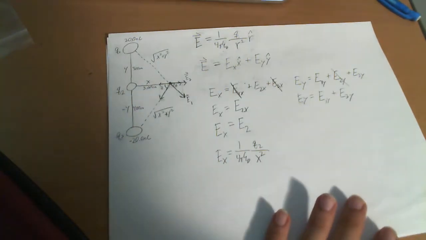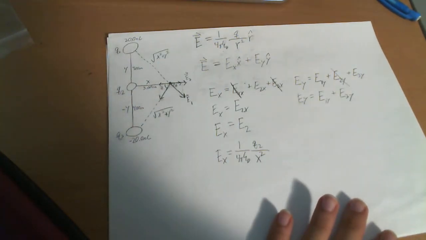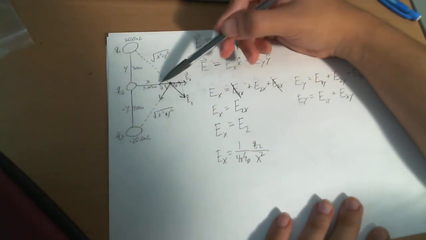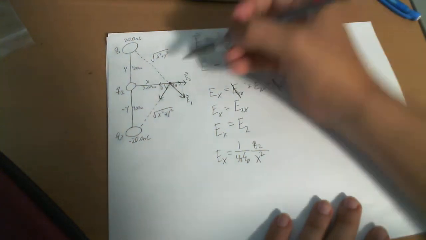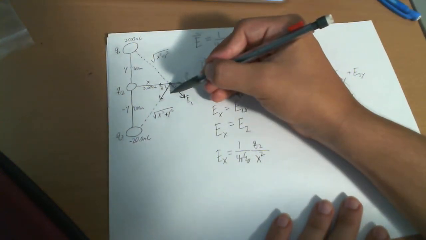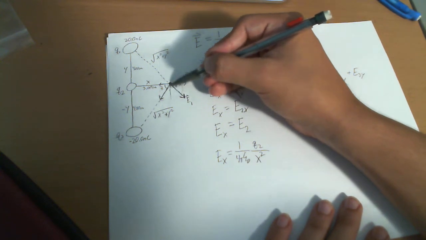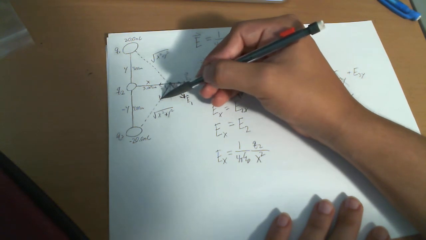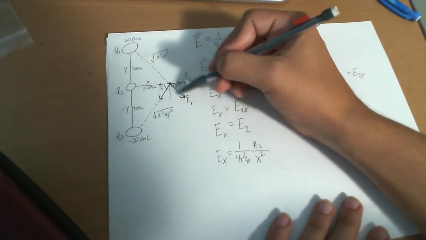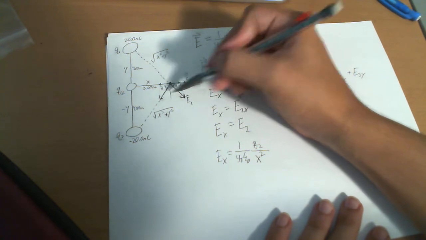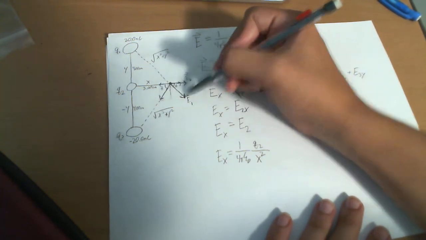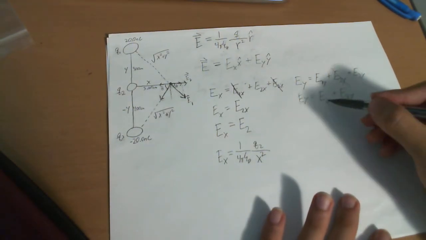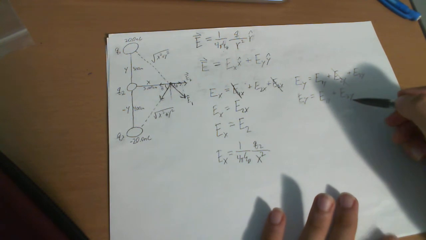Okay, now notice something else. Remember, by symmetry, the x components were the same, but in opposite direction. Notice here that our y components of E1 and E3 are also the same. They're pointed downward, so they're in the negative direction, and they're going to be the same magnitude. And so we could say that E1y is equal to E3y.